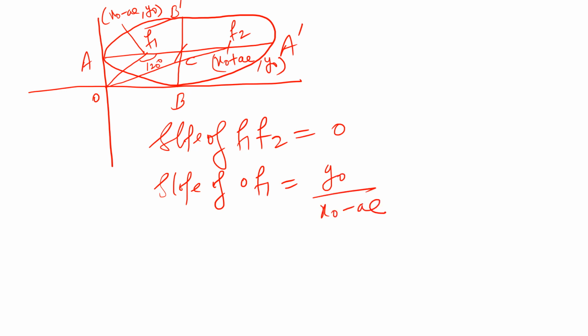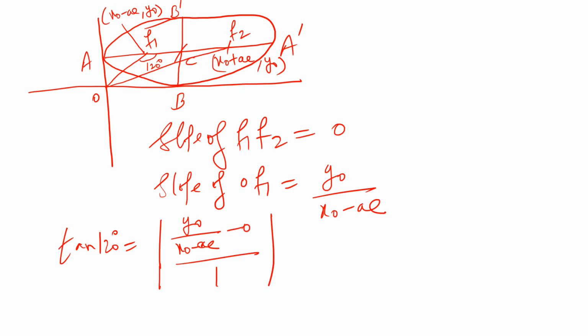Now why am I writing this? Because I have been given the angle made between these two lines. So if I use the formula tan theta equal to mod of m1 minus m2 upon 1 plus m1 m2, I can write tan 120 degrees equal to mod of y naught upon x naught minus ae minus 0 upon just 1, right?